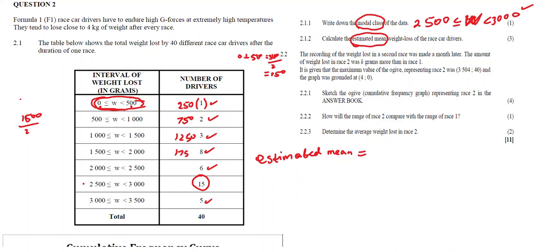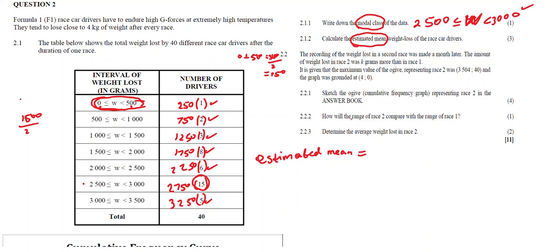You're going to multiply all with frequency. This gives 2750, and the last one is 3250.